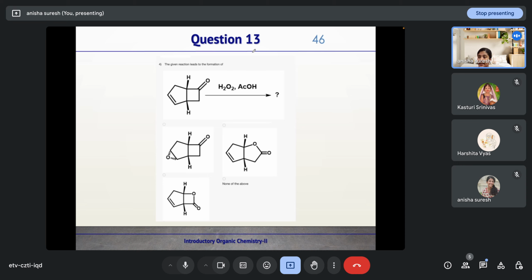So here what is the rearrangement that can take place? As we have seen with MCPBA, which is also a peracid, here the Baeyer-Villiger rearrangement will be taking place. Okay. So what will be the product that is formed here?